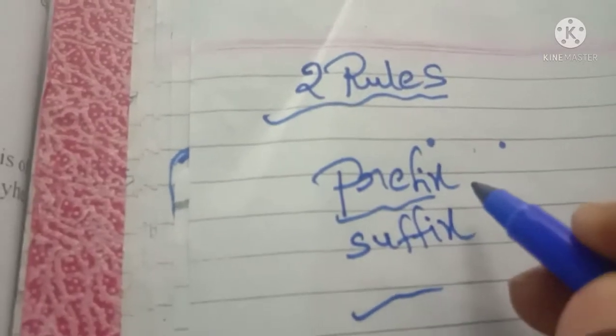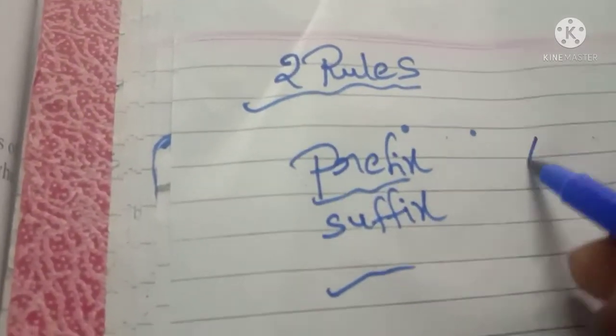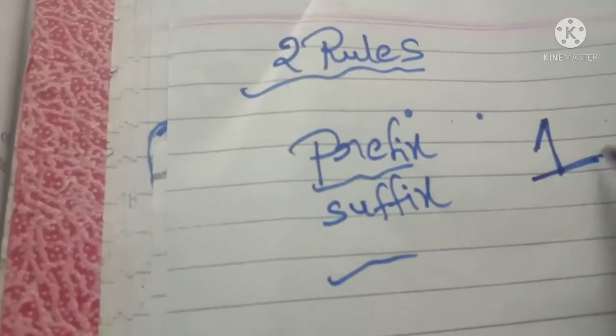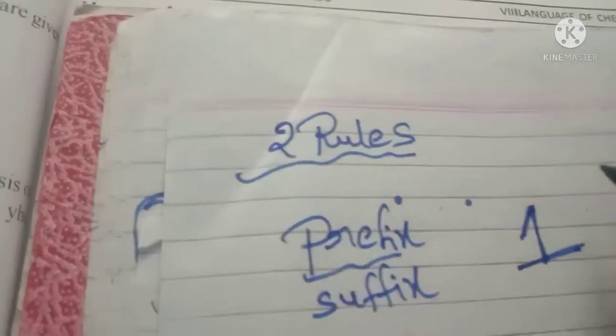See children, suppose here 1 is there. Here a number 1, this is an ordinary number. Don't go into chemistry, simply it is a mathematical number 1.